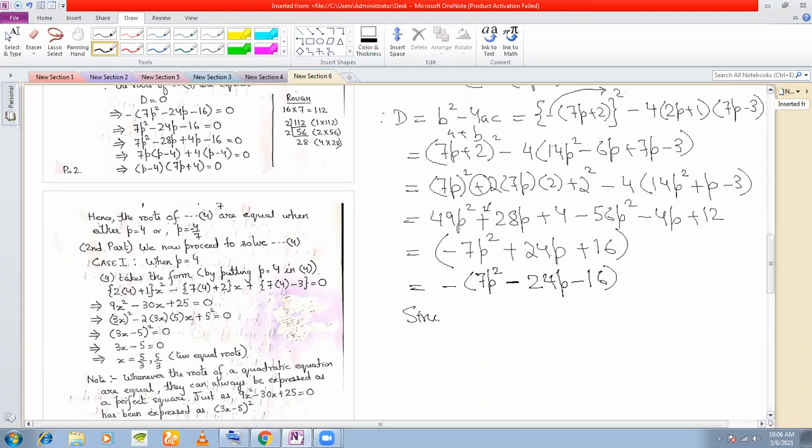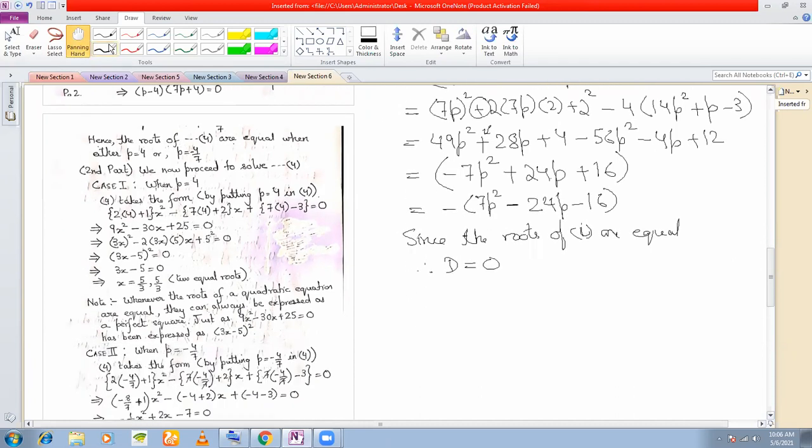Since the roots of 1 are equal, therefore D must be equal to 0. So minus of 7p square minus 24p minus 16 must be equal to 0. This will give you 7p square minus 24p minus 16 equal to 0.